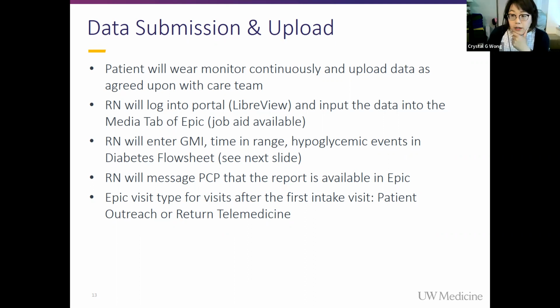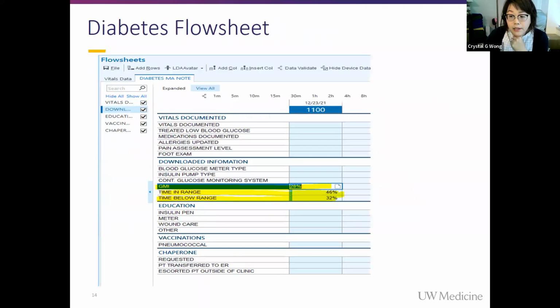We also got this built out as part of this program before. Since these are not real lab results, like the GMI is not a lab result, right? It's a technical data point from the device. We can't put it in the lab section of the EHR, but we are able to put it in this flow sheet. So if you guys use flow sheets in Epic, you would just pull up the flow sheet tab.